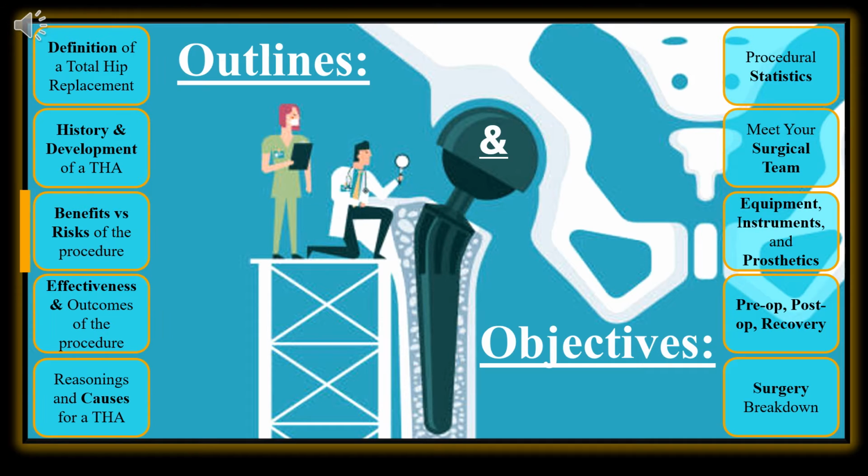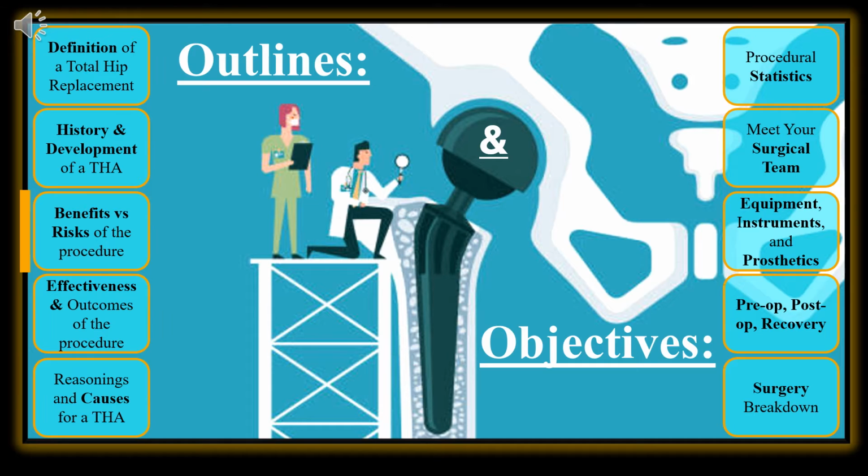In this presentation, I will be taking you through quite a few things actually. We will go over the definition of a total hip replacement, the history of development of a total hip replacement, the benefits versus the risks of the procedure, the effectiveness and outcomes of the procedure, reasonings and causes as to why someone would need this type of surgery.